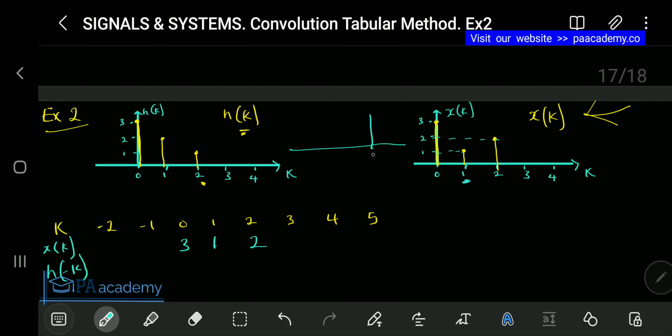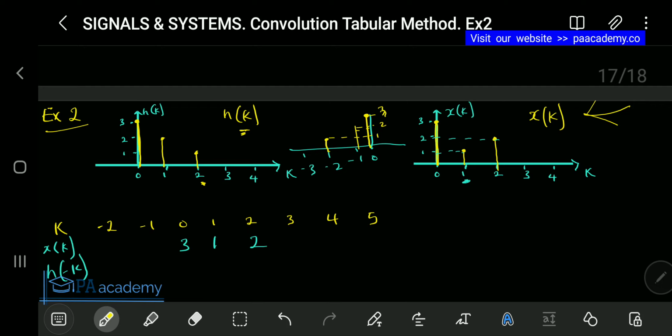So this will be 0, minus 1, minus 2, and this will be minus 3. By the time we mirror it, we're going to have something like this, and then this. So this will be 1, this will be 2, and this will be 3.